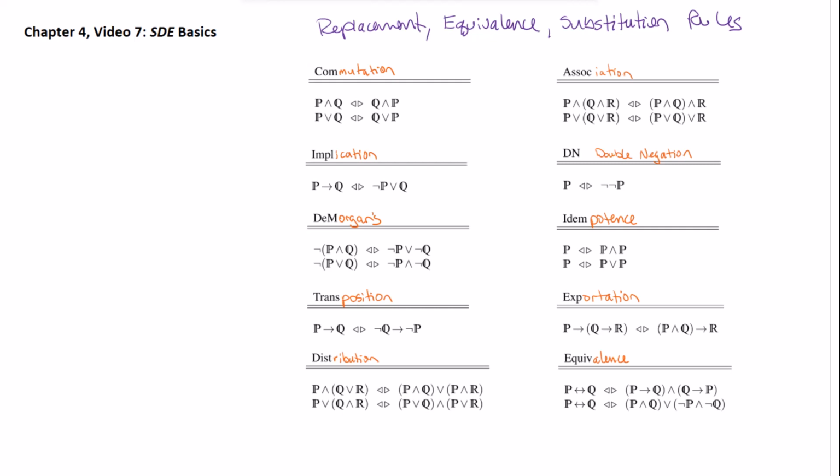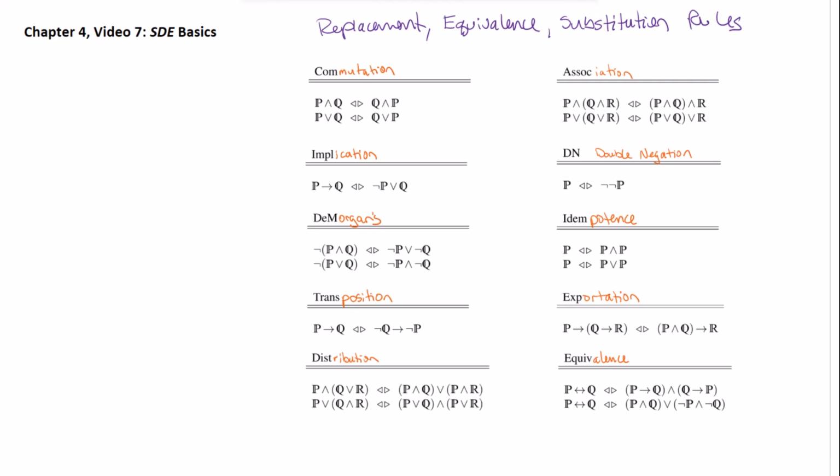So two different students, or the same student at two different times, may come up with slightly different derivations by exploiting these rules in slightly different ways. How to navigate all that will be the subject of Chapter 4, Video 8, SDE Strategies.